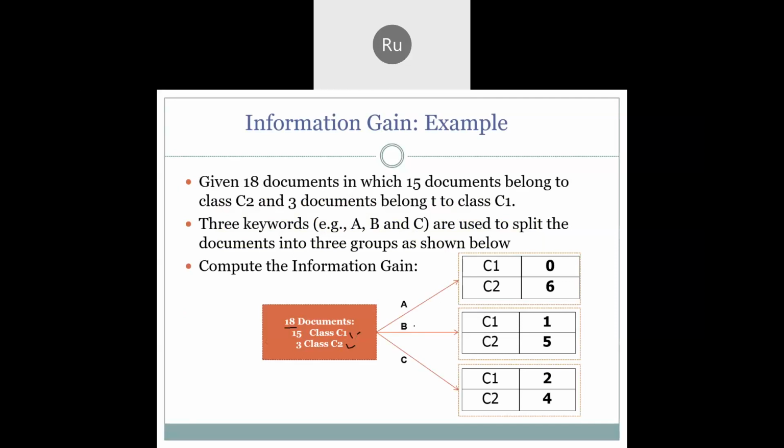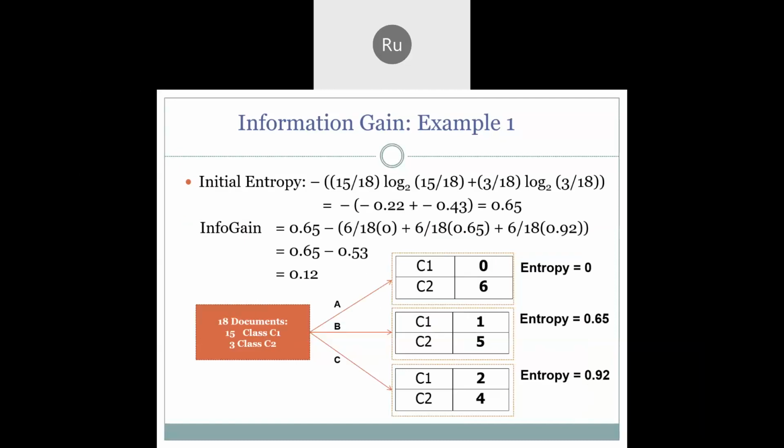Then we have chosen the keyword A, B, C, and then we have the splitting. So this is the first subset, second subset, third subset. Based on the example that we have previously, these are the entropies that we get, right?